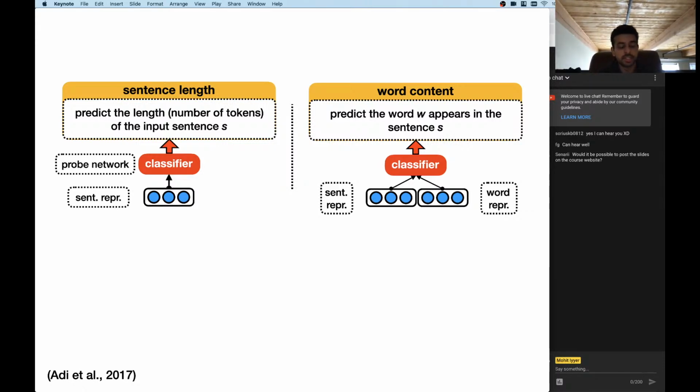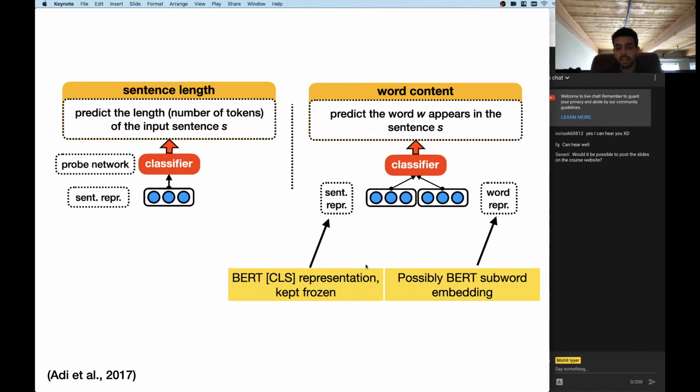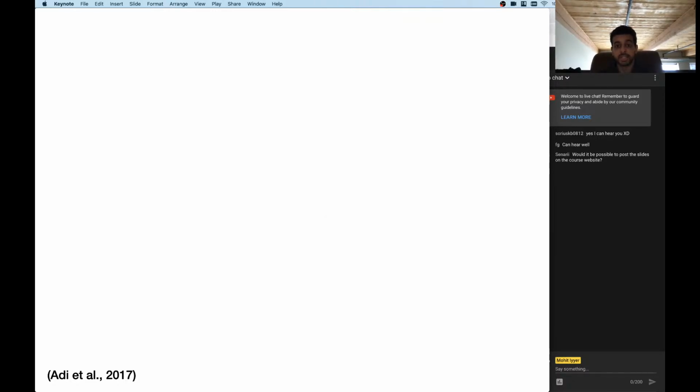So you can set up your word content task in this way. If we're using BERT, this would still be the CLS token representation on the left, and on the right we could use a subword embedding for the particular token that we're interested in querying.